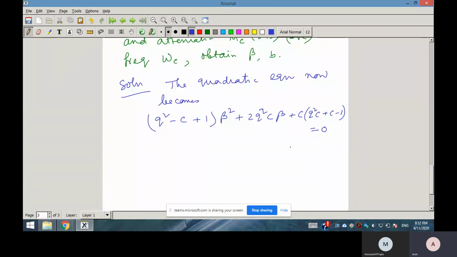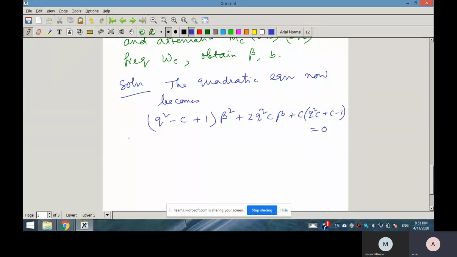Then we'll see whether that condition suffices, that condition also ensures that beta is less than 1. Beta is positive as well as less than 1. So first we will see what is the condition for which beta is positive.